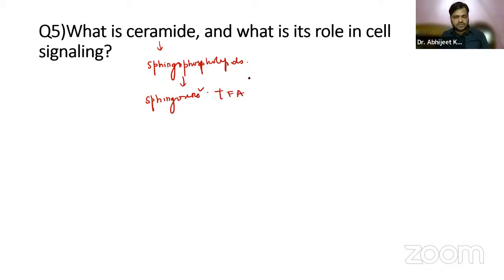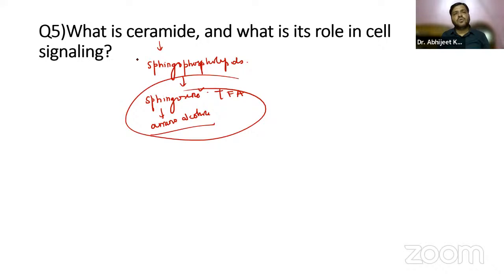So what is the structure, you already know, right? We have a long chain amino alcohol that forms the core of the ceramide. Now, what is the importance of this in cell signaling, guys?